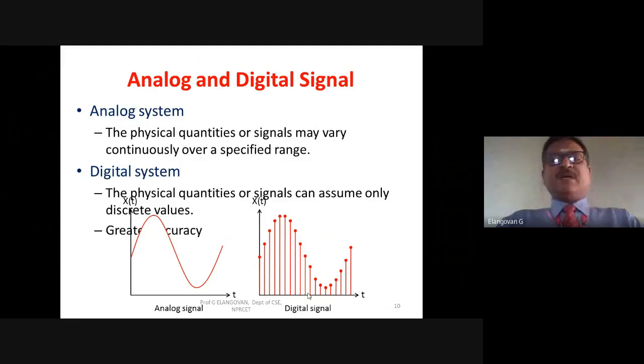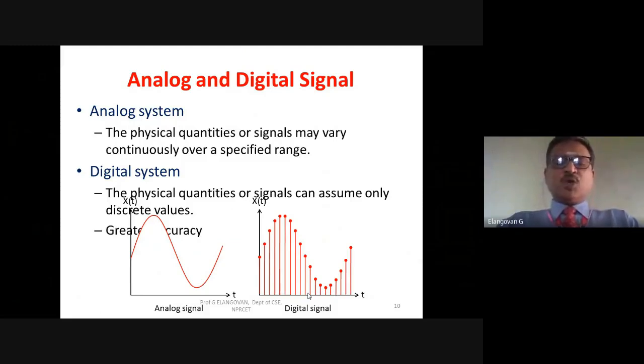So this signal has to be converted into digital ones and zeros. For that, we have n number of techniques available for the conversion of analog to digital. The conversion of analog to digital is out of our scope. So we will consider how the analog and digital signals look.